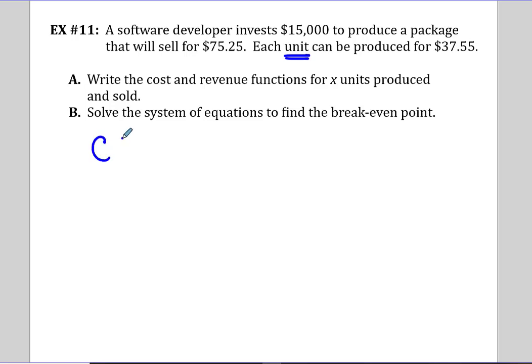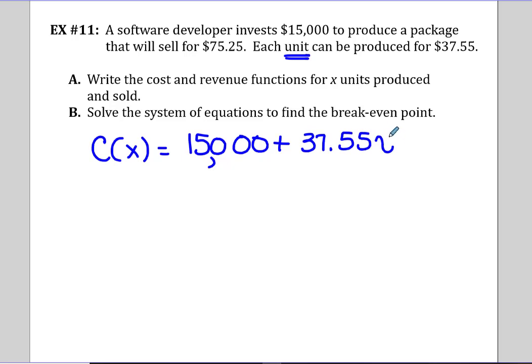So our cost function is what they invested, $15,000, plus the price to make one unit, so $37.55 for every unit they produce. And the revenue function, that's the money they bring in. So they're going to sell their product for $75.25 for each one they produce.